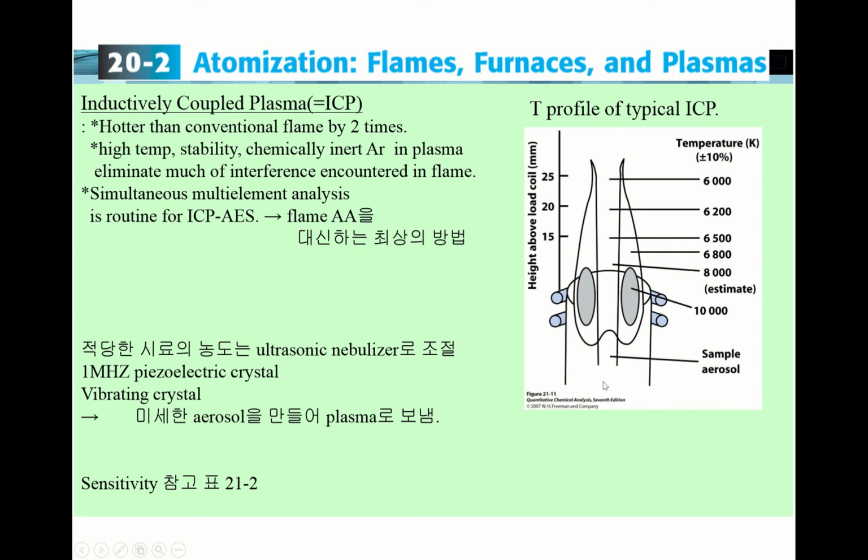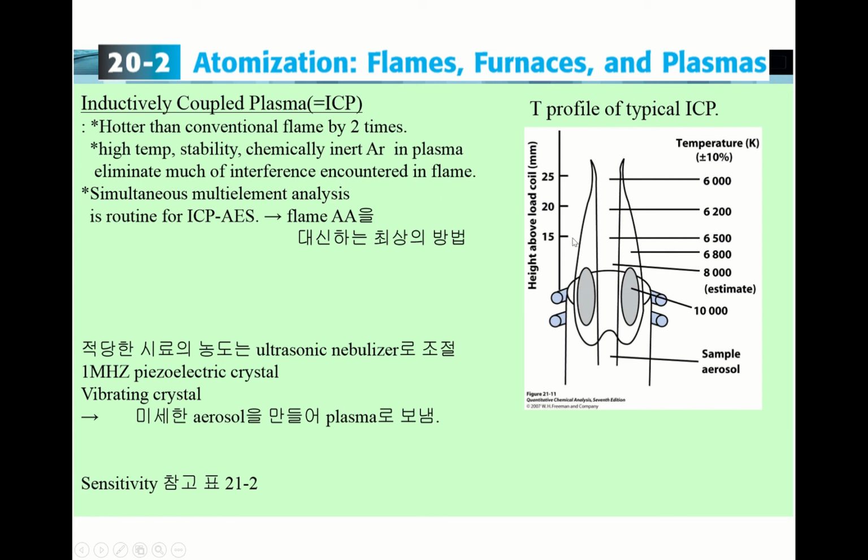Now the sample is introduced from the bottom. Since this part is very hot, complete atomization is possible. High temperature, stability, and chemically inert argon in the plasma eliminate much of the interference encountered in flame.